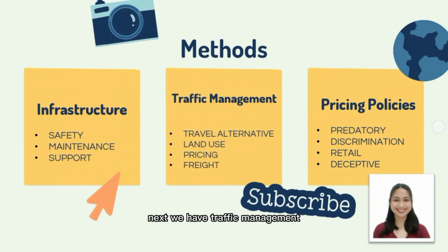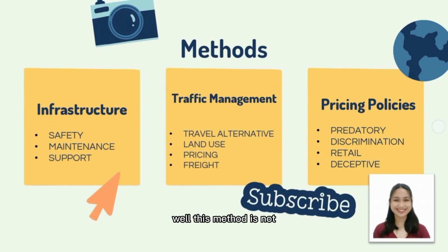Next, we have traffic management. In traffic management, we have travel alternatives, land use, pricing, and freight. In travel alternatives, it includes alternative hours of travel, pedestrian and bicycle spaces, and telecommuting.